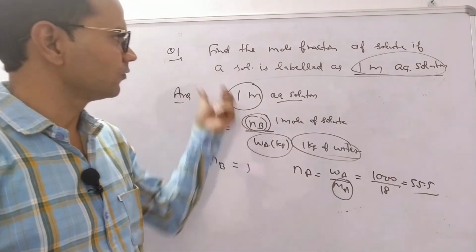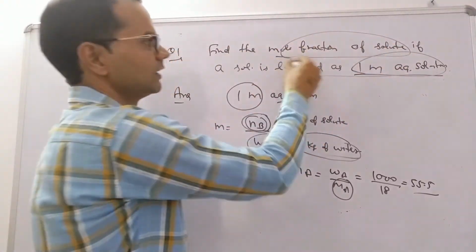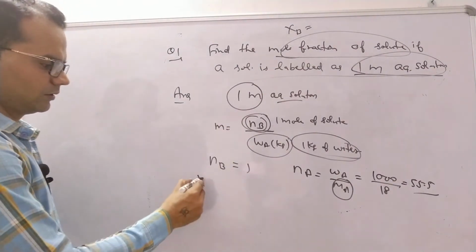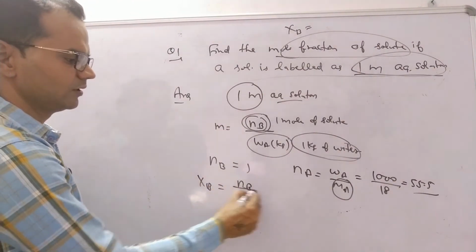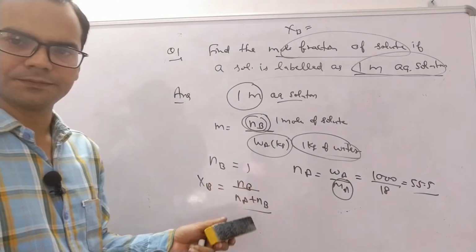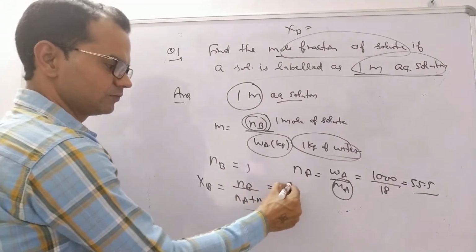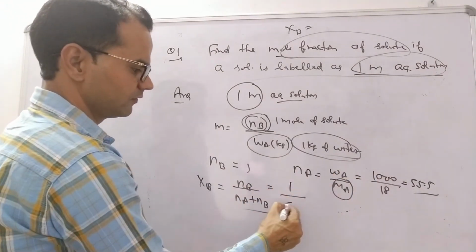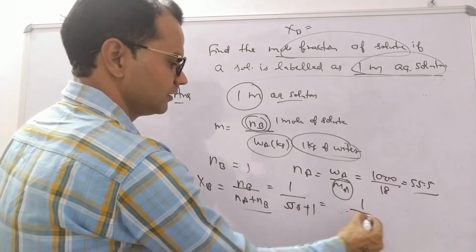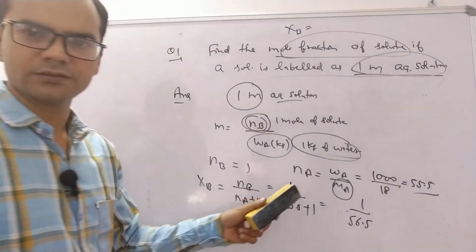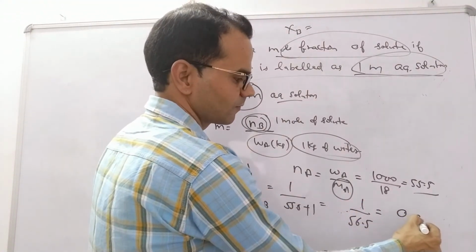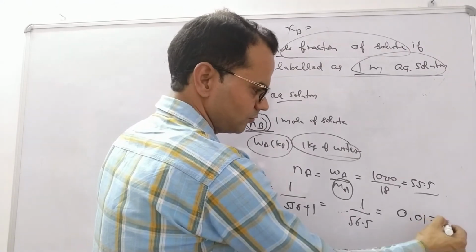Clear? And we have to find out the mole fraction of solute, that is Xb. So Xb equals Nb by Na plus Nb. Nb is 1, Na is 55.5, so 1 divided by 55.5 plus 1 equals 1 divided by 56.5, and if you solve it, the value will come 0.017.